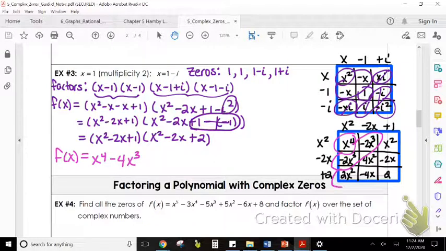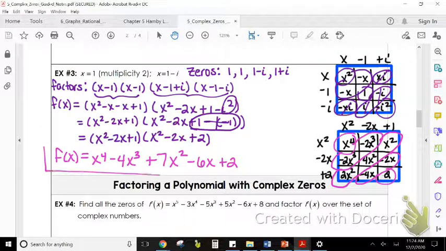We have 2x squared plus 4x squared, which is 6x squared, plus 1x squared, which is 7x squared. Negative 4x minus 2x is negative 6x. And then we have our positive 2. Alright, my exponents are written in descending order. So here is my polynomial in standard form.